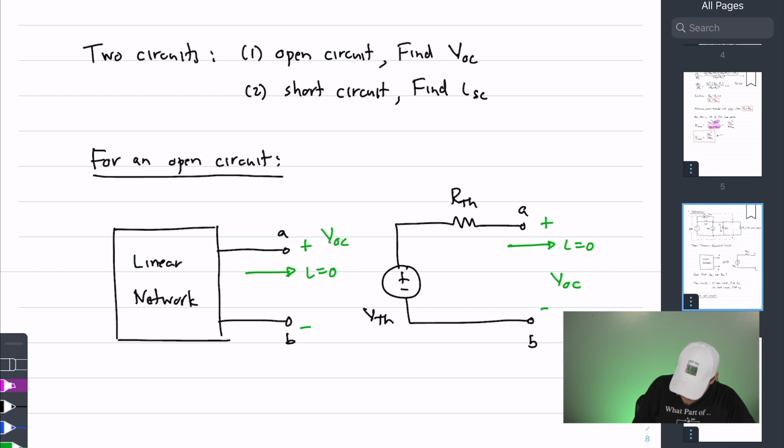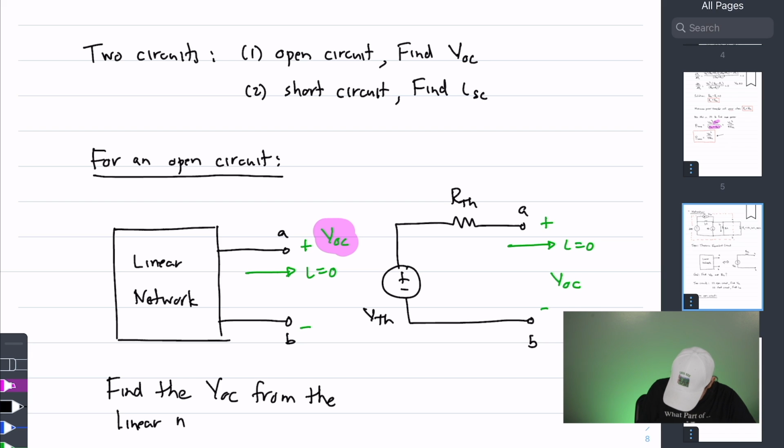Now, this is the key. Given the linear network, we can find, not looking at the Thevenin equivalent, the open circuit voltage from the linear network.